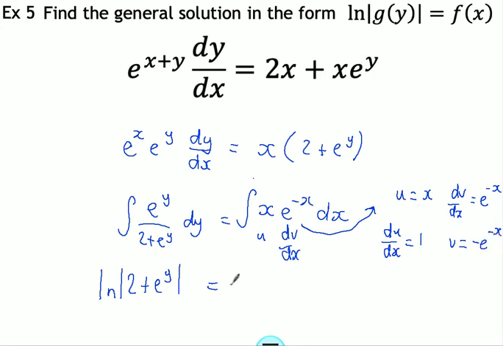Okay, so uv, subtract the integral of v du, so that's a negative there, so I can change this to an add.